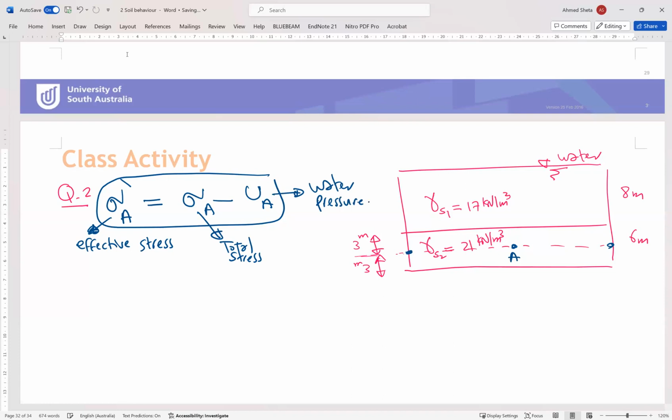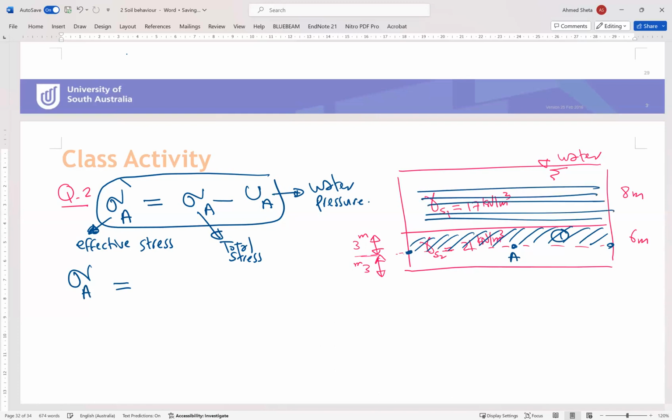How to calculate that sigma A? Sigma A is here. So the total stress will be the weight or the stress of this part 1 layer, and the weight of this part 2 layer. So we will have two components of stress.